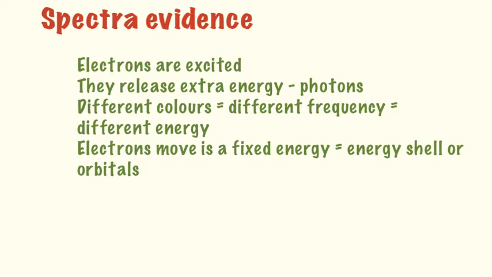So it's like a fingerprint for a particular atom. Scientists have used this idea for quite a long time, and it's very important for astronomers, because they can actually work out the chemical composition of stars based upon the spectra that we get. Each of those lines corresponds to a jump of an electron as it falls back and releases energy.